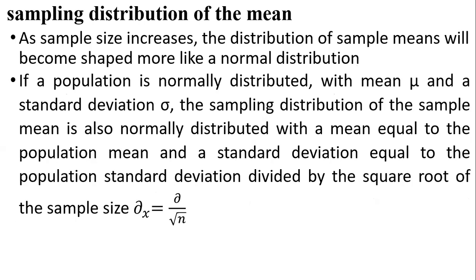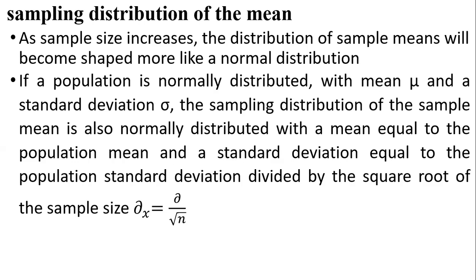Also, one thing to note is as a sample size increases, the distribution of sample means will become shaped more like a normal distribution as we increase the sample size of any given distribution.